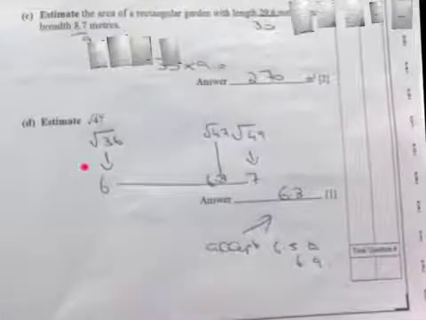Part B, that's the answer. They'll accept either one of those two. Part C, that's the only answer there. Part D, we've spoken about these before, so you should be able to try those to get an answer of something like that. Okay, that's the end of page 9. Page 10.